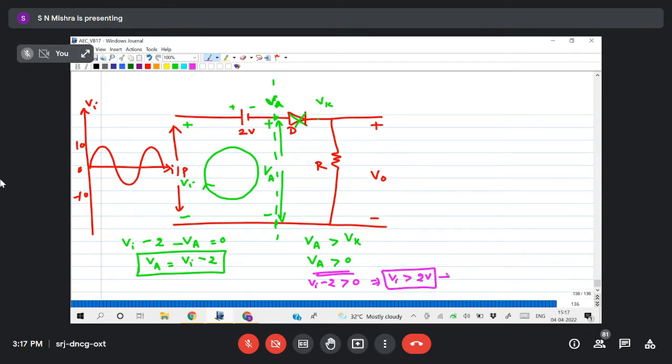Then the diode is on. Did it make sense? If Vi is less than 2, then the diode is off.